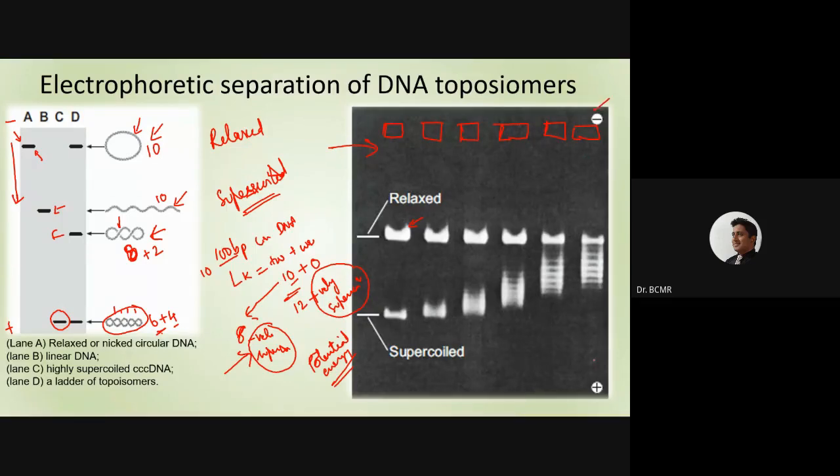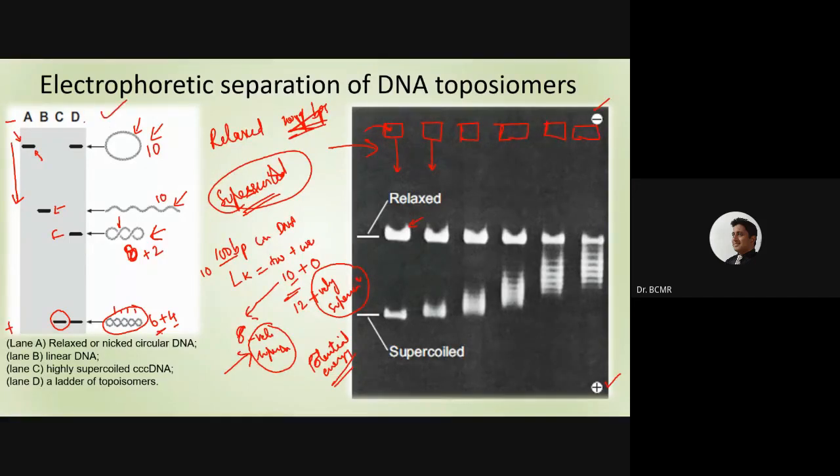The negative electrode is here, and this is the positive electrode. So the sample will be loaded here, and the charge will be applied, and DNA will move based on its size and conformation. Two things have an effect: size and conformation. Size is the number of base pairs, and conformation is about whether it is supercoiled or relaxed.